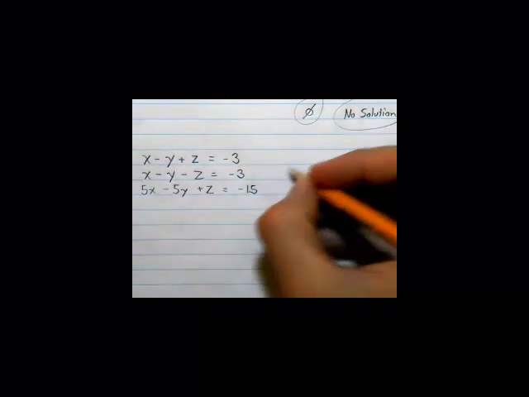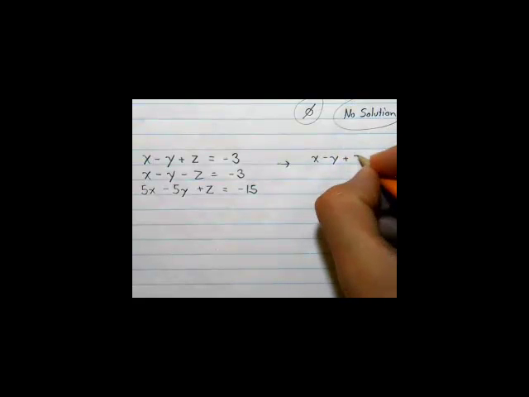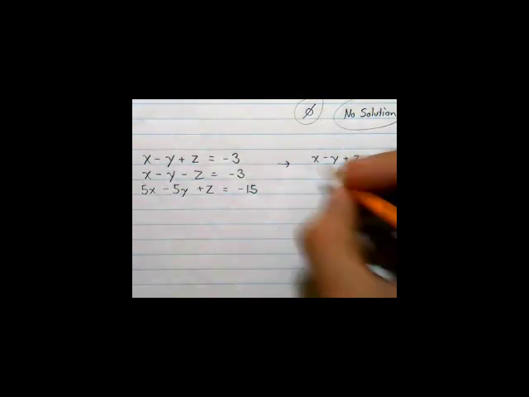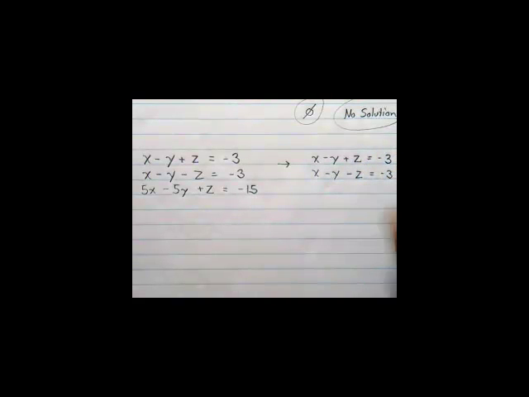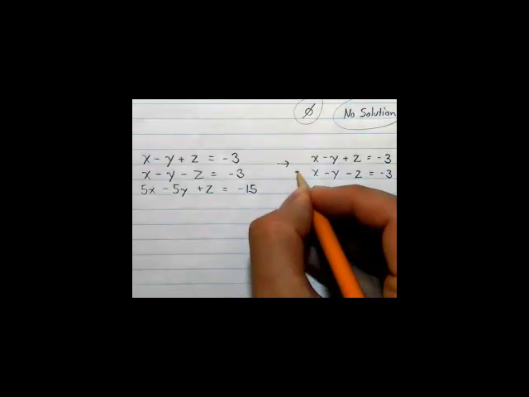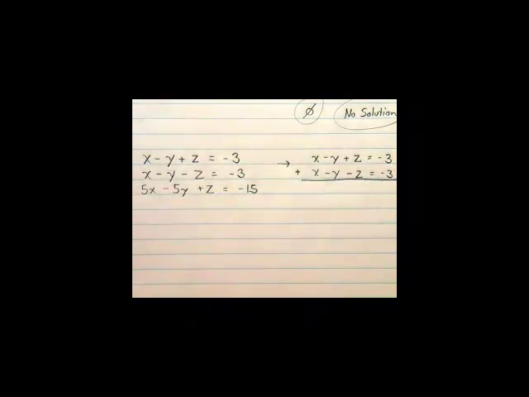So I'm going to jump over here and we'll do the x minus y plus z equals negative 3 and the x minus y minus z equals negative 3. And let's just add those and see what we get from that.